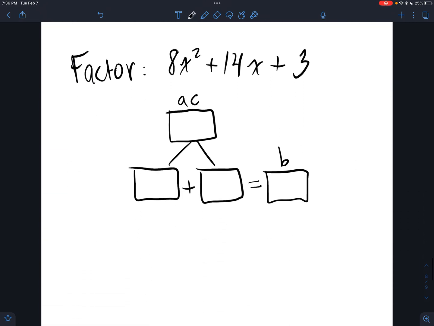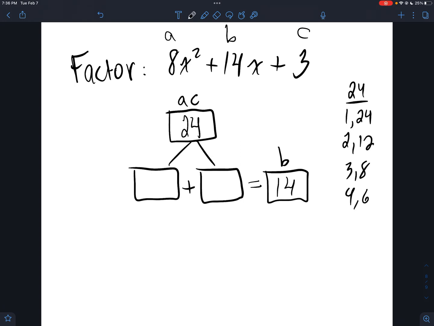Let's do it one more time. I have a feeling this one was a little harder than the one we're going to do next. So go ahead and pause and try this one. AC is 24. This is A, this is C, this is B. Okay. And what I love about this one is it's all positive. When it's all positive, we don't have to worry about any negatives.